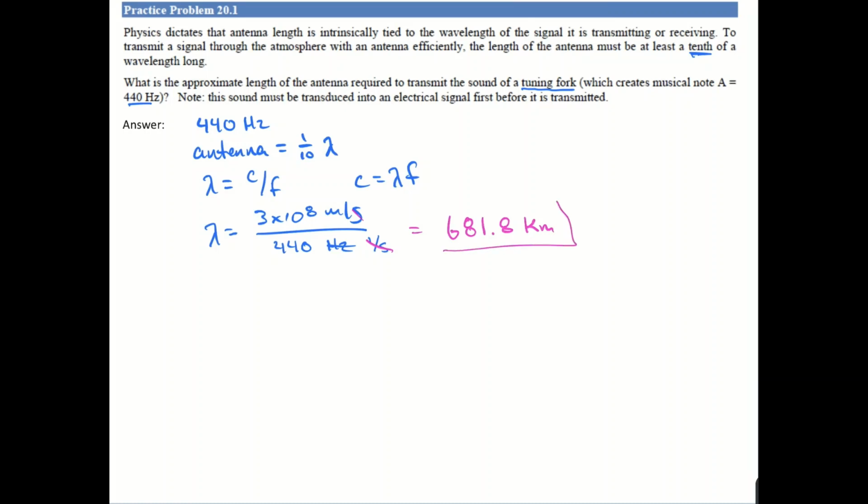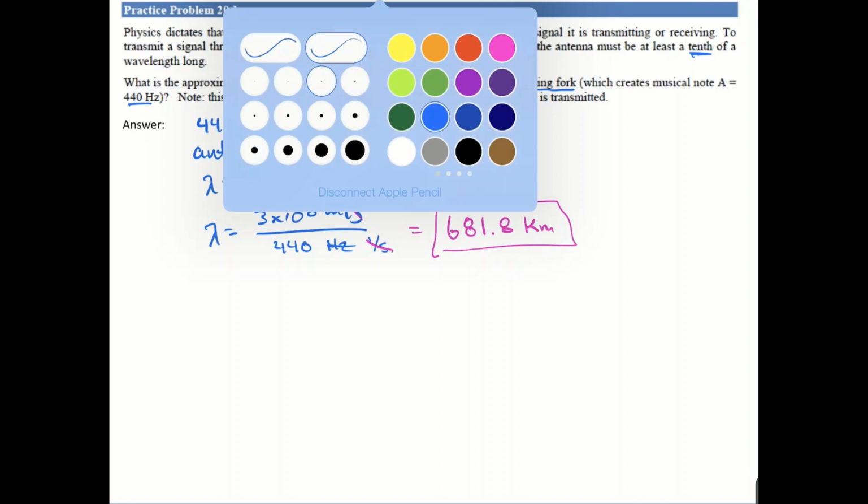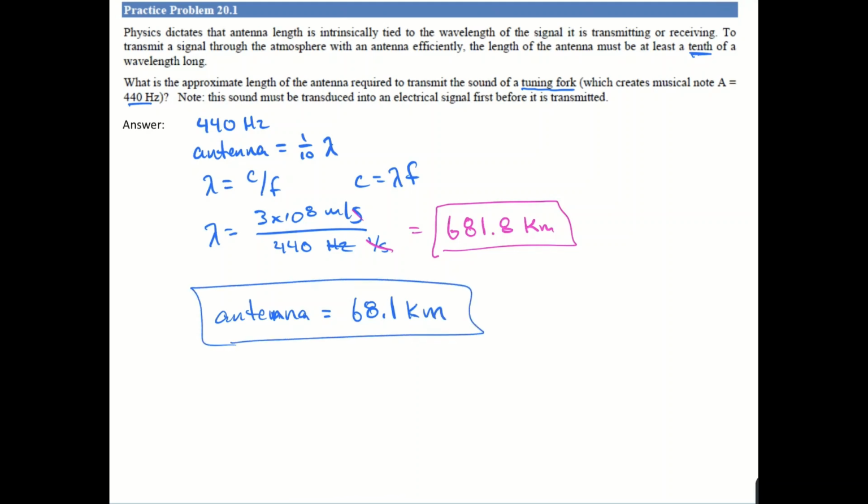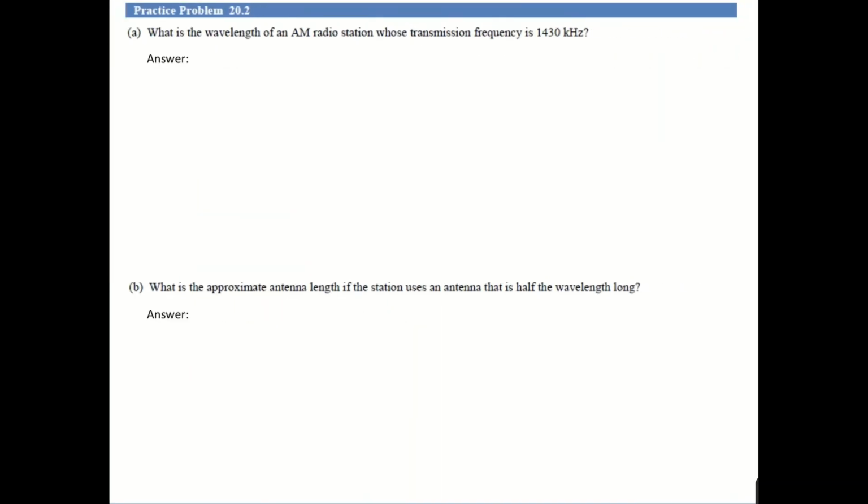So if this is our wavelength, and we have to have an antenna that is 1/10 that size, our antenna has to be 68.1 kilometers long. This is completely unreasonable, and leads us to say we have to do something about that, and that's where our modulation stuff comes into play. So let's move over and look at another question.